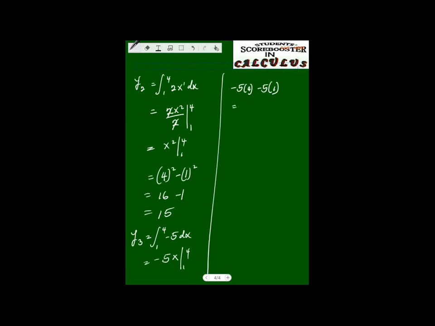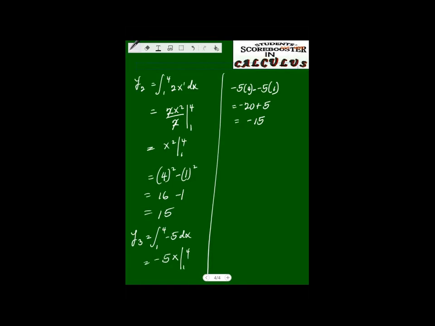So this will be 5 times 4, minus 20. Then sorry, this will be minus because the function itself is minus, so it's going to be plus 5. So our answer at the end is going to be minus 15.